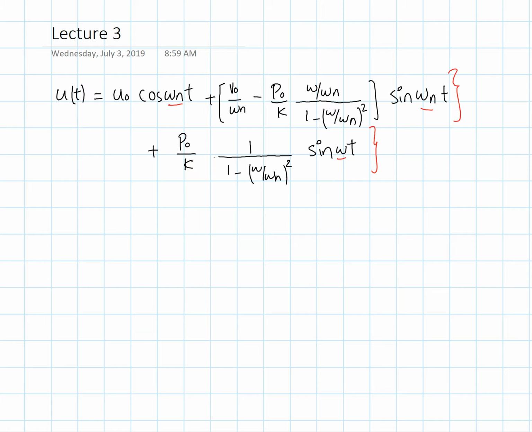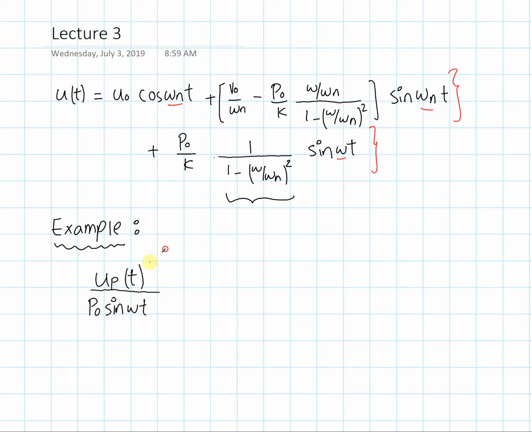All right, what I want to do next is to think about this amplification factor that we discussed, this term. And to do that, I'm going to introduce an example. I'm going to take this particular term here, and I'll have U P T, which is the particular solution, divided by P naught sine omega t.